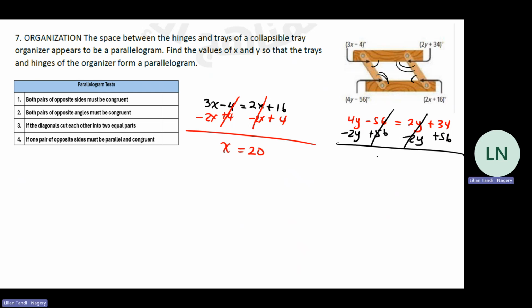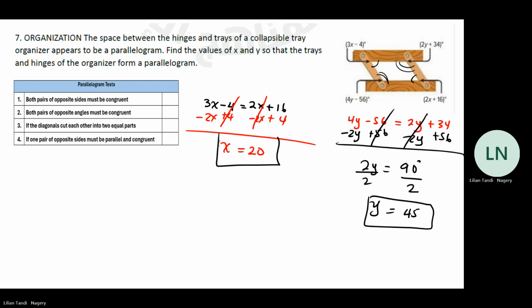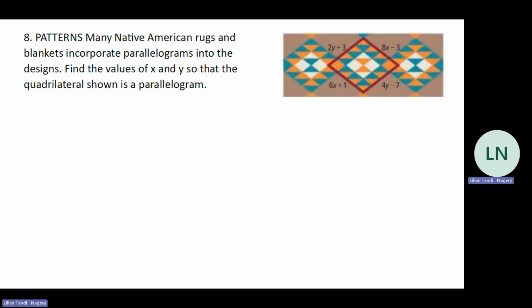This goes away, this goes away. 2y is equal to 90. Okay? Divide by 2, divide by 2, y is 45. And you box your answer. Okay? So we move on.